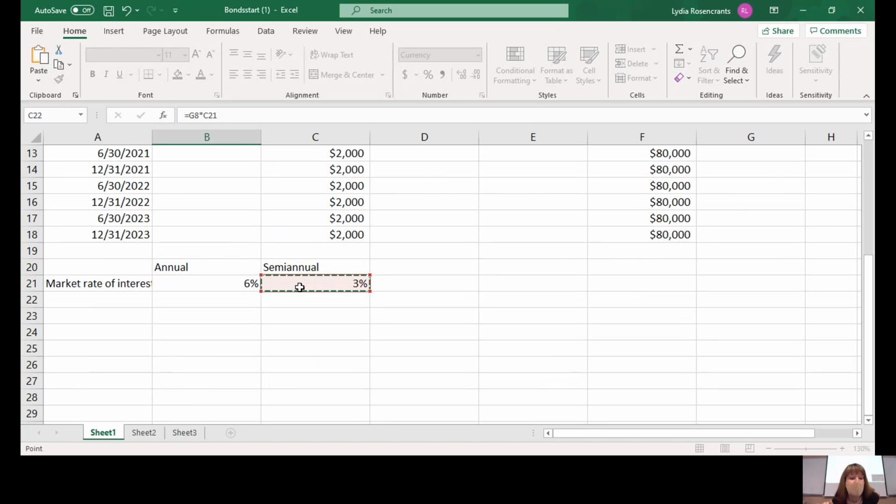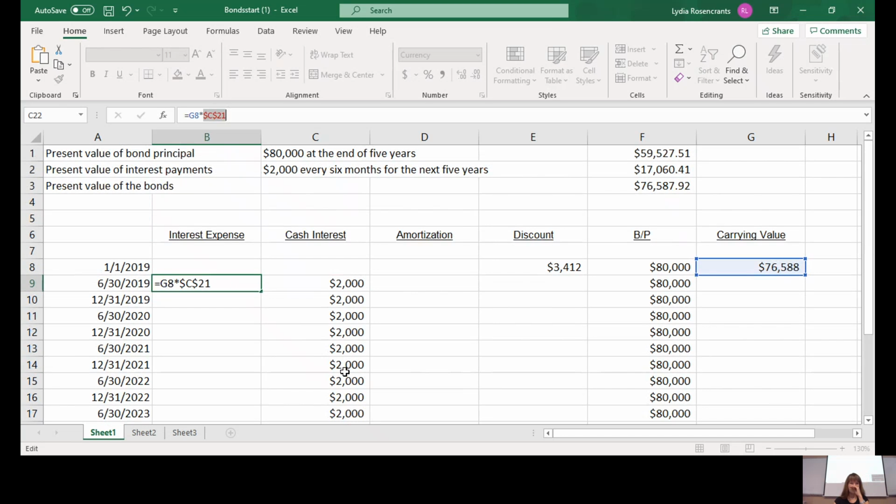If you have a computer that has function keys, you can hit F4. If you don't, you can put $C$21. So go right in front of your C and hit F4. I guess I have to hit the function key now. Function F4, there it is, okay? It automatically will put $C$21, but some of you don't have function keys, that's okay. You literally type a dollar sign in front of the C and a dollar sign in front of the 21, and it fixes the cell. So what that means is that Excel will know that I always want to multiply the carrying value by the interest rate that I gave it at 3%.